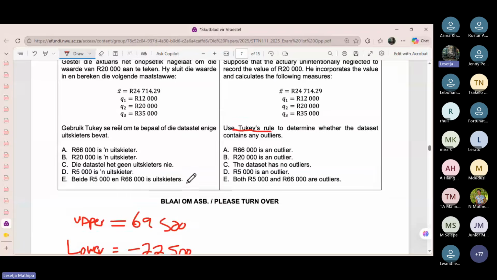So you're saying that 24,000, 12,000, 20,000, 35,000, they fall under the range of 69,000 and minus 22,000, inside or outside? Inside. Yeah, that's correct.